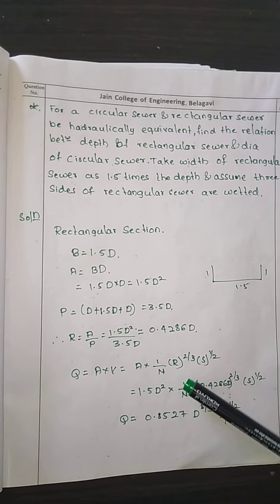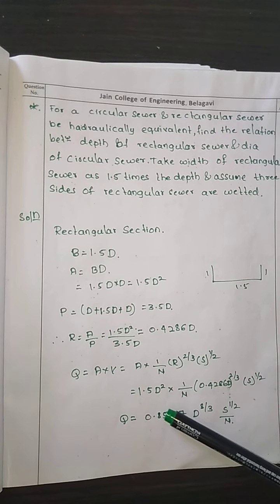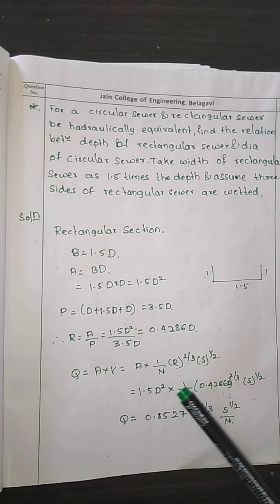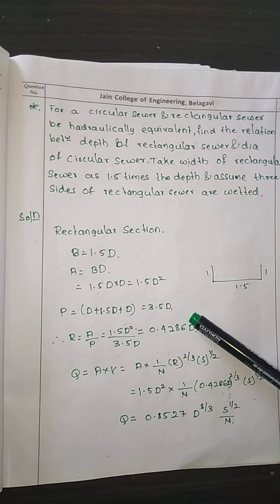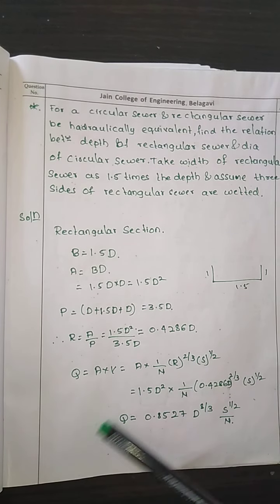Now Q is equal to AV. In this, A we already know, 1.5 D squared. Now what is V? V is nothing but Manning's formula, 1 divided by N into R raised to 2 by 3 into S raised to 1 by 2. So we have substituted the value of R, and then we have got this particular equation for a rectangular section.